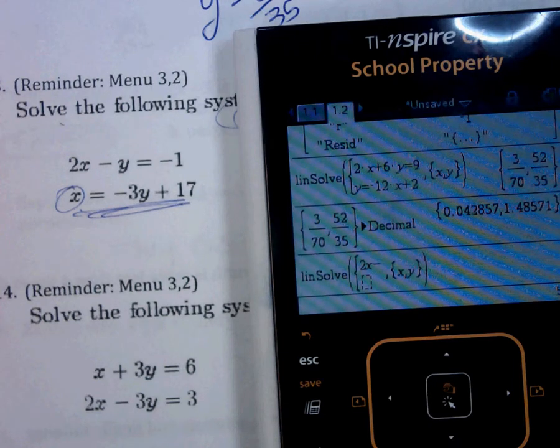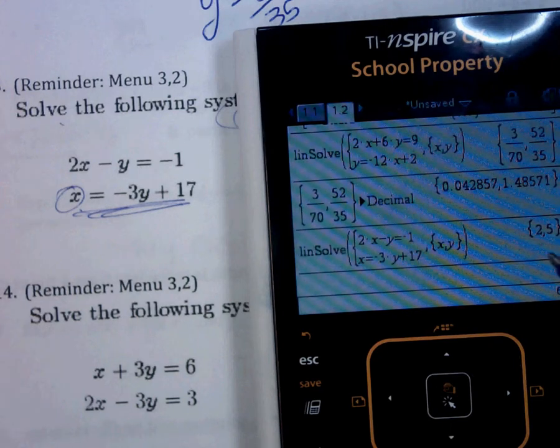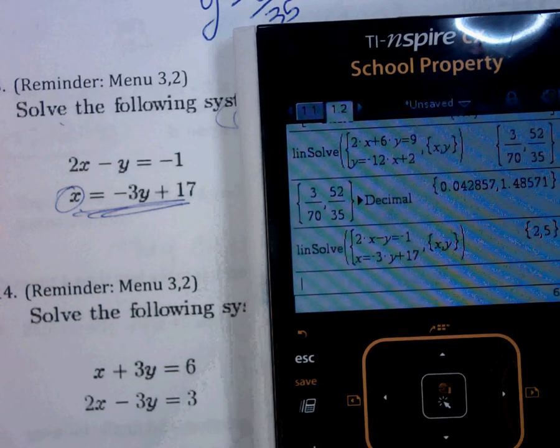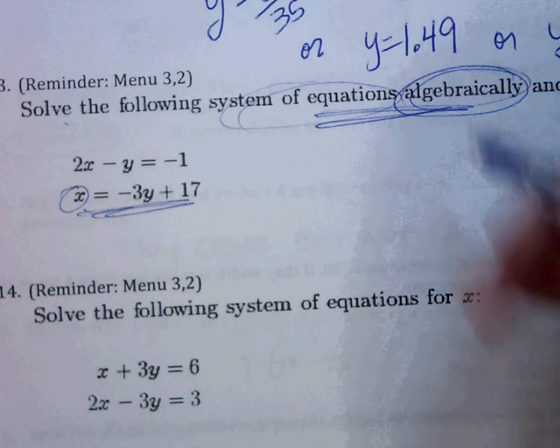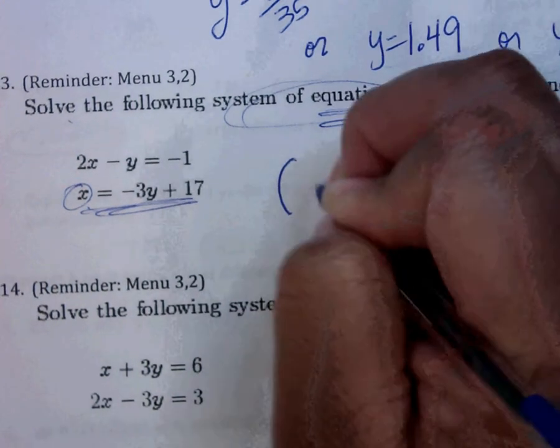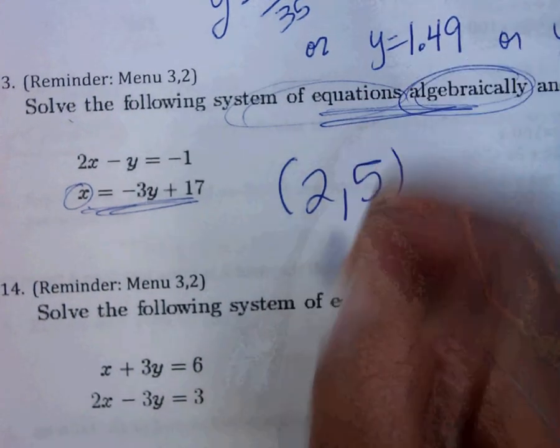2x minus y will equal negative 1. Bring down x first equals negative 3y plus 17. And enter. It gives me 2, 5. When you write the answer, don't use the squiggly lines. 2, 5 in parentheses.